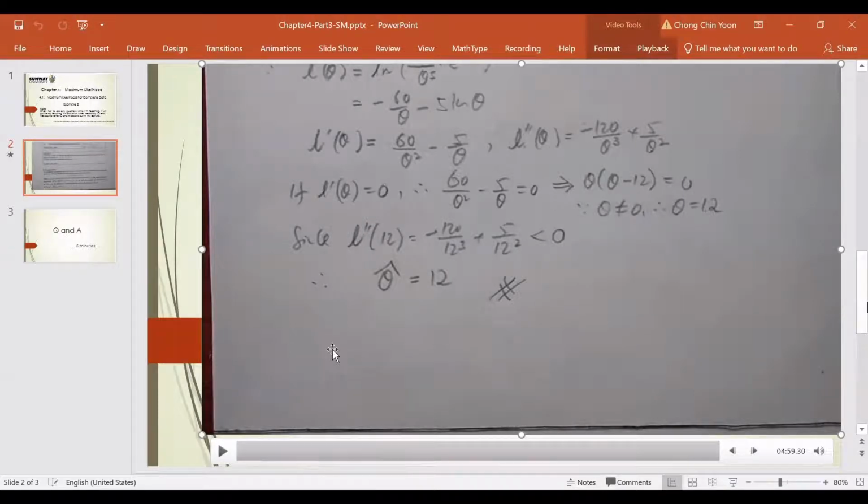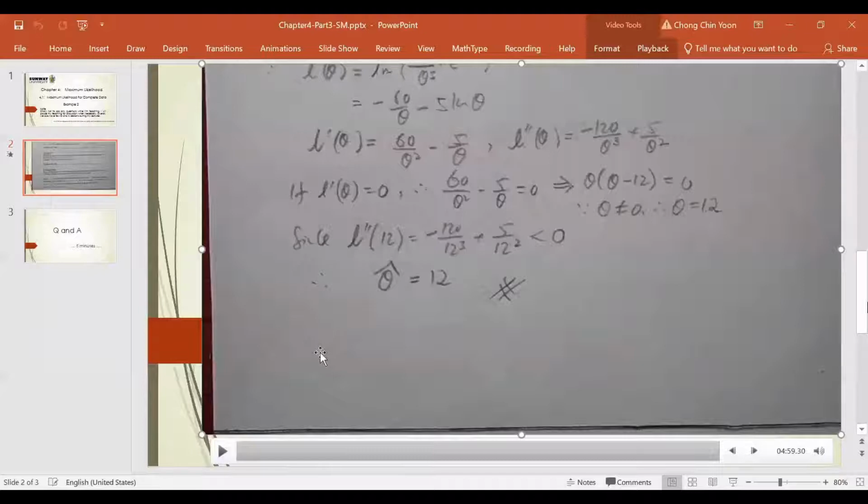Then we move to the next, that is the group data. So we have done the individual data, how to form the likelihood function under individual data, and now we move to group data. For group data, we have another method to form the likelihood function.